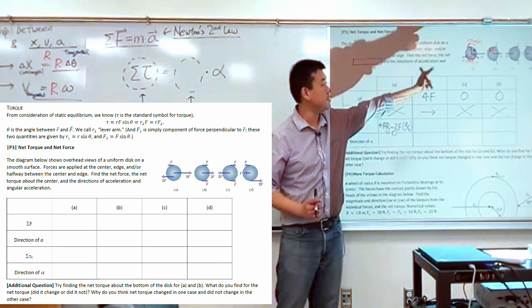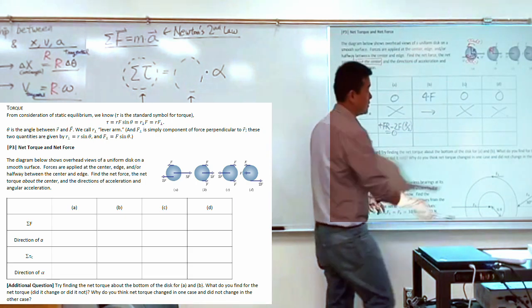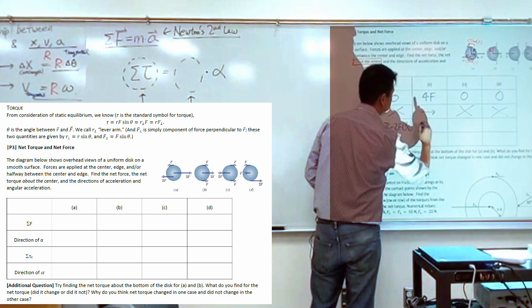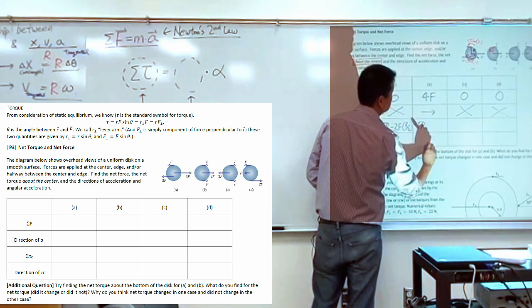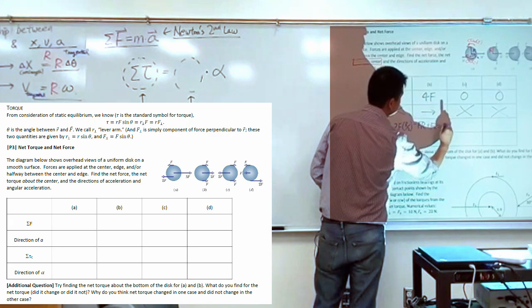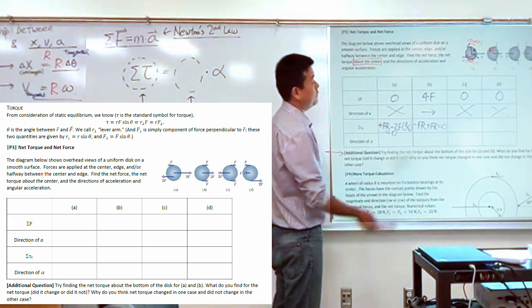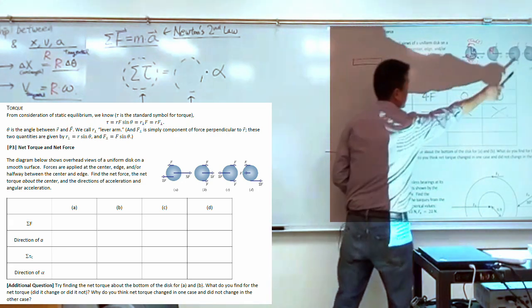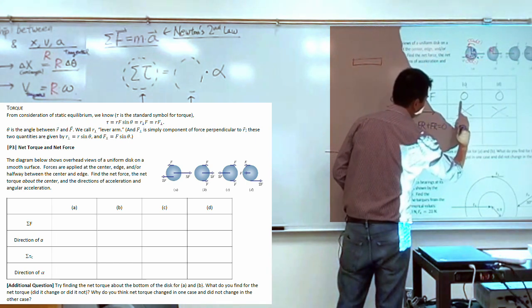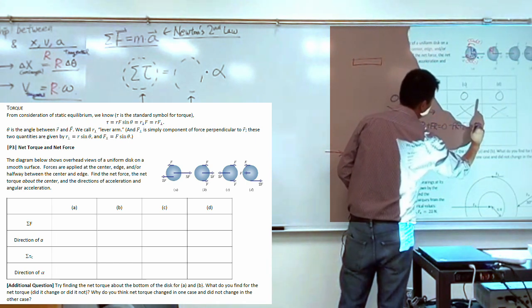So let me do that for B, C, and D. For B, it's these two forces that are causing torque. So it'll be minus Fr plus Fr, that's equal to 0. For picture C, it's once again these two forces that are causing torque. So minus Fr plus Fr equals 0.